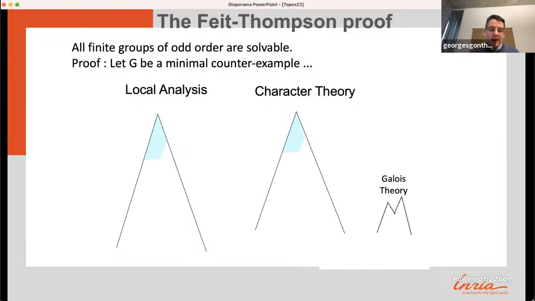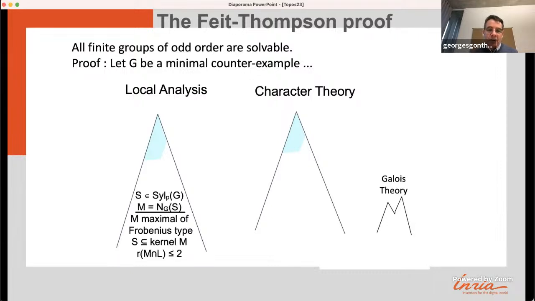So the first part is just looking at the subgroups. You assume you have a minimal counterexample. Since it's minimal, it has the property that every proper subgroup of it is solvable. And lots of things are known about solvable groups, so we can use all of those properties to figure out what shape they have.